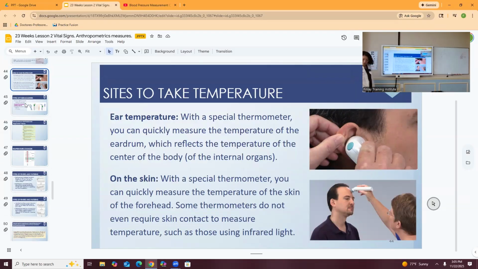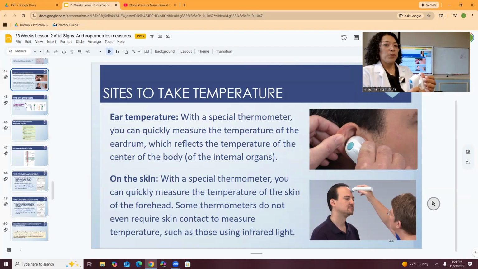In the ear canal, you're going to use a thermometer like this one, okay? For this, you have to use a protection, a sleeve that is put on the thermometer. You will see that there's an on button and a button to take the temperature.